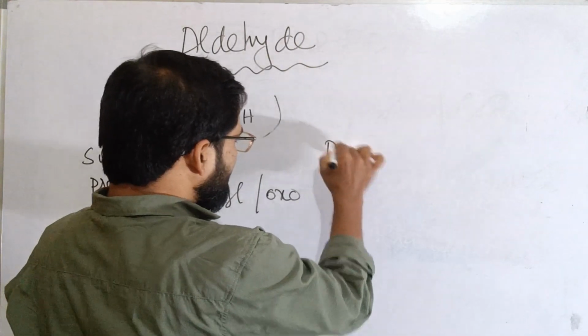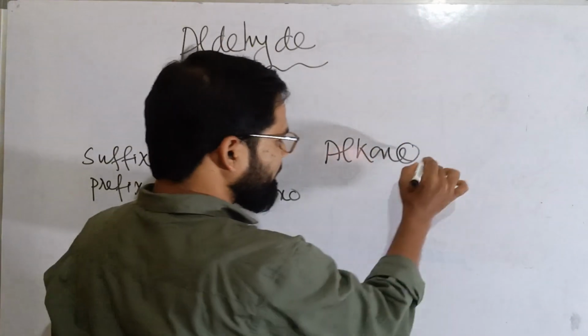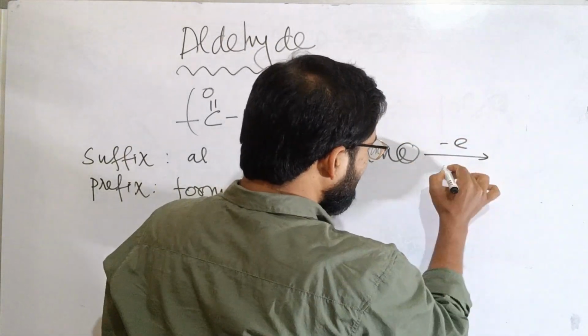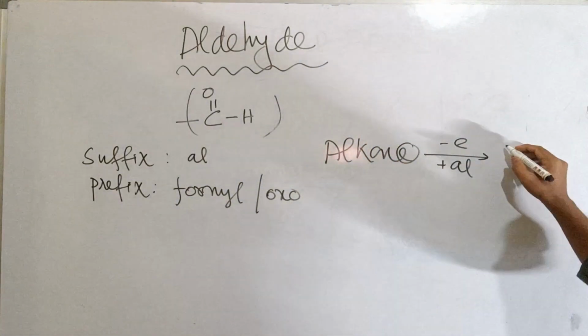So here from alkane, you have to remove E, minus E, you have to add al, that will be alkanal.